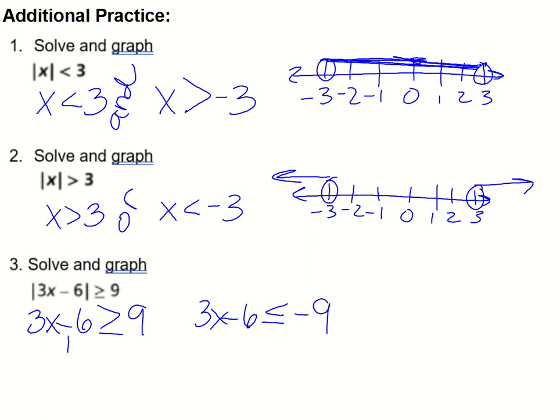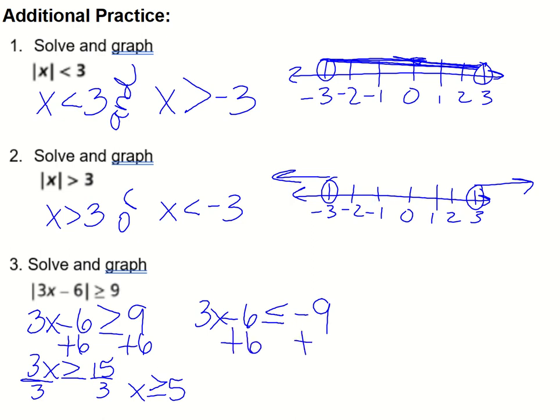So now I'll solve them just like we normally do. Add 6. 3x greater than or equal to 15. Divide by 3. We are going to get x greater than or equal to 5. Okay? Then we'll solve this one. Add 6. We get 3x less than or equal to -3. Divide by 3. We get x less than or equal to 1.